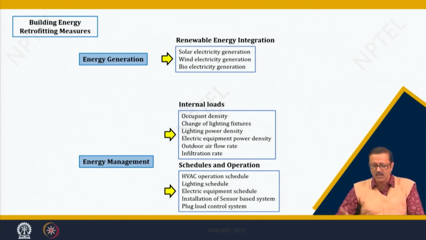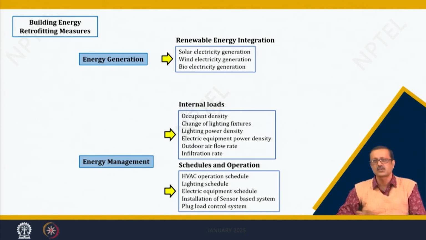We can install sensor based systems, which are very essential nowadays, because we are wasting a lot of energy due to our old habits, which we should not actually continue. So if we can apply sensor systems in a building, it will be much better.